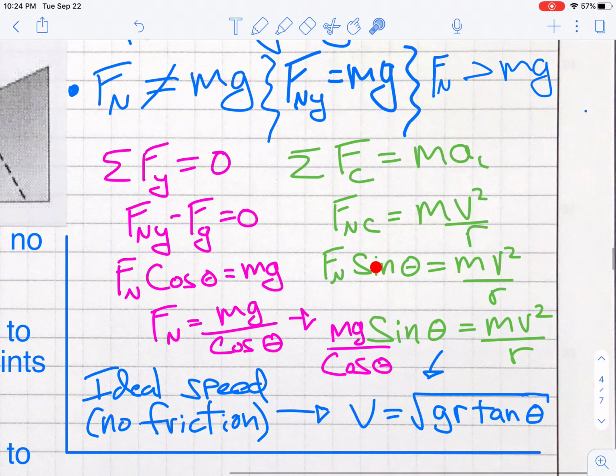That's Fn sine theta. I take what I know from the vertical direction, plug it in, and then I solve for velocity, and I get the square root of g r tan theta. That is the ideal speed to go around a banked turn with radius r, banked at an angle theta without slipping up or sliding down, no friction.